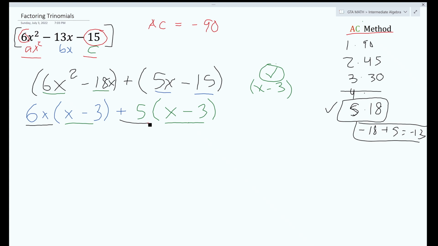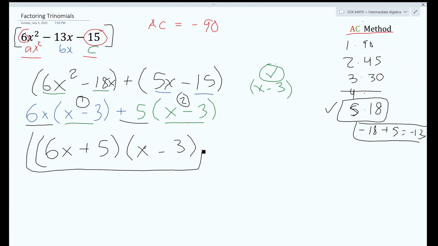We're going to combine these terms. And now we're going to have 6x plus 5. And since we have a duplicate here, we're going to take this duplicate and we're going to put it right here. This is what our factored form of the original trinomial looks like.